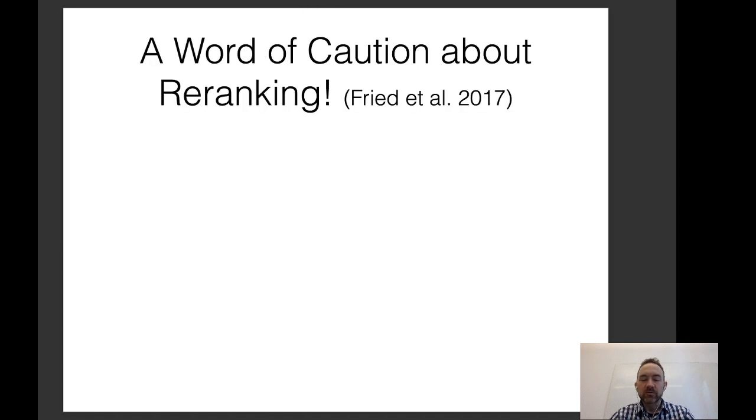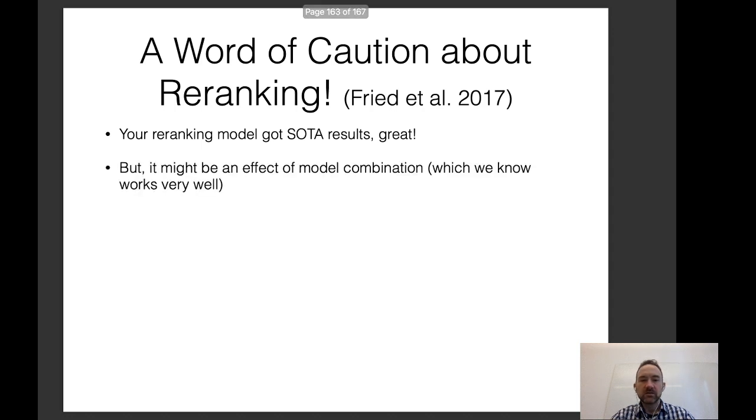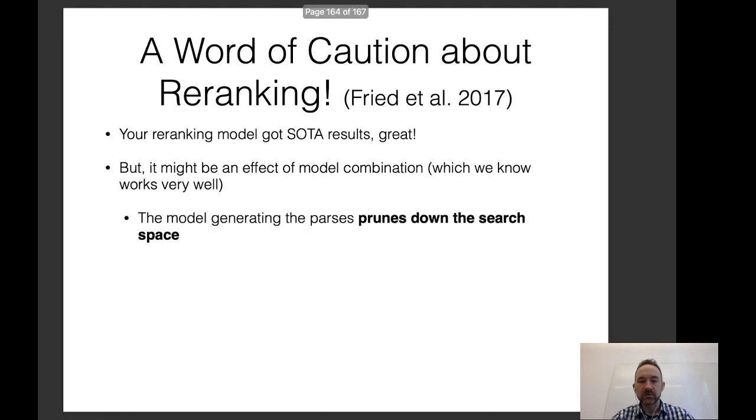However, there's one word of caution about re-ranking, which is that you might come up with a very nice model that has some sort of theoretical advantages and gets state-of-the-art results on parsing. But it might also be an implicit effect of model combination between whatever model you use to generate the original outputs and the final downstream model that you proposed.